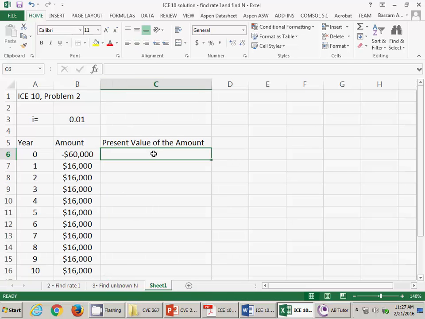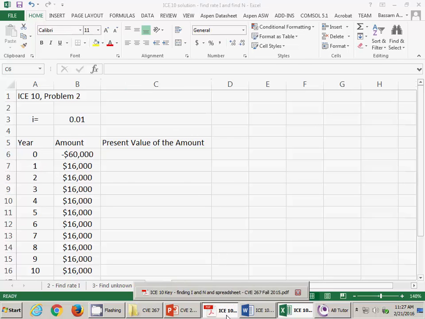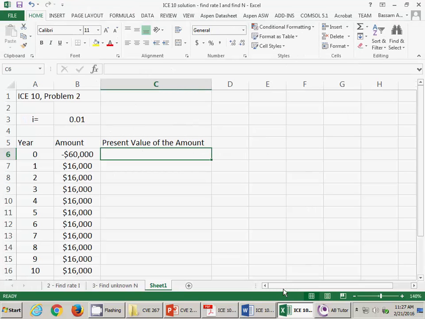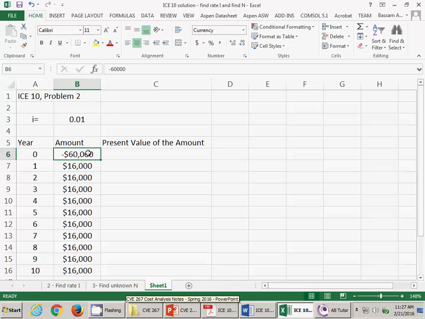So what we've got on the screen here is we've translated the cash flow diagram into a table. Here was the cash flow diagram, missing a few important details like we already admitted. So here's the cash flow diagram, and now it's translated into a cash flow table. So this is showing that in year 0 we pay 60,000, and then years 1 through 10 we receive 16,000.